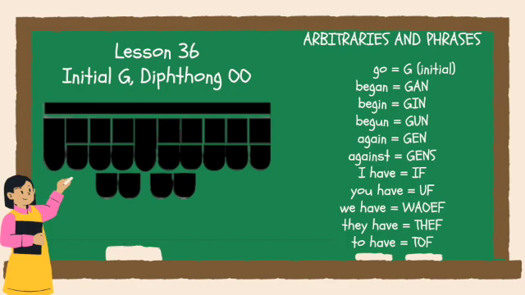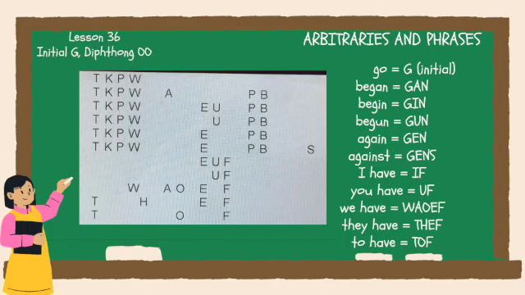So again, you may hit the pause button for you to memorize and be familiar with these arbitraries or briefs and phrases. And this is how these briefs or arbitraries and phrases are to be written. So we can see on the left side.